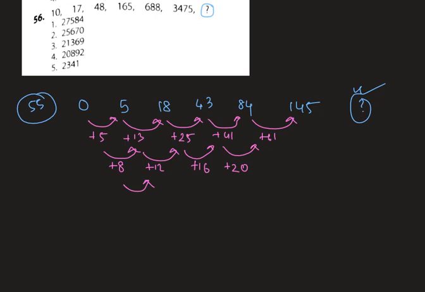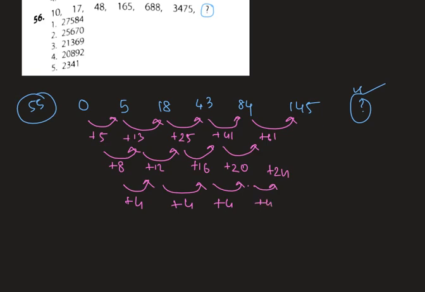Now lastly, as we can see, the series reduces to 8, 12, 16 and 20. If we add 4 with 8 we get 12. If we add 4 with 12 we get 16, and if we add 4 with 16 we get 20. Therefore the next number must be 24.